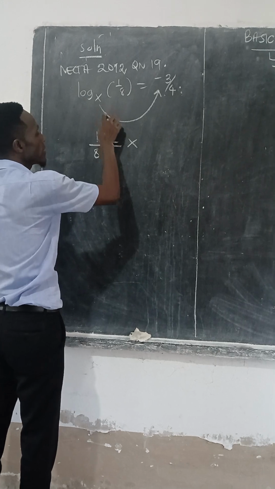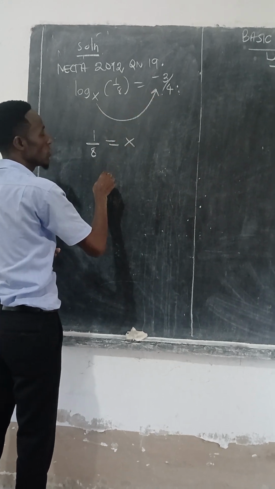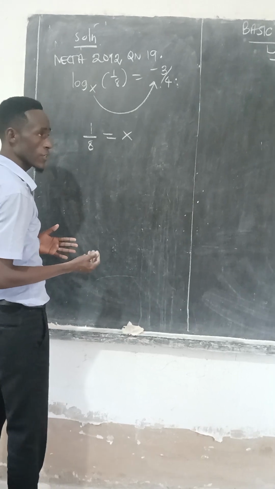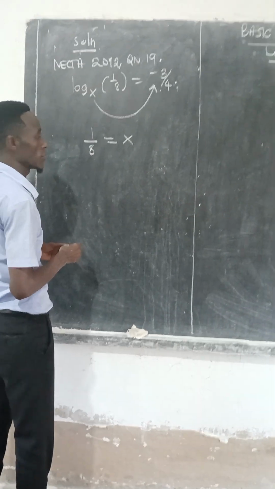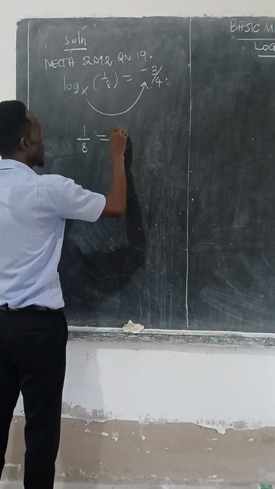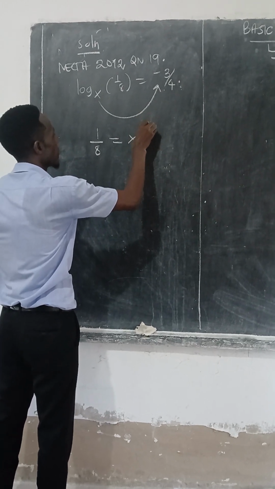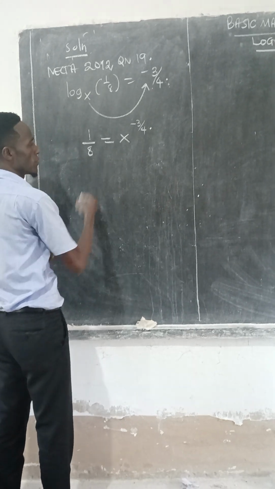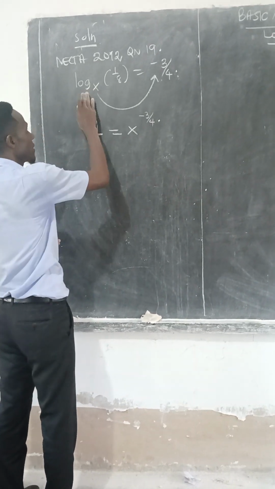So when you move this number into exponential form, you just rely on the knowledge of how exponential form operates. So x moves to this side, and you get x with exponent negative 3 over 4. Then you find the value of x, because the logarithm is already cancelled.